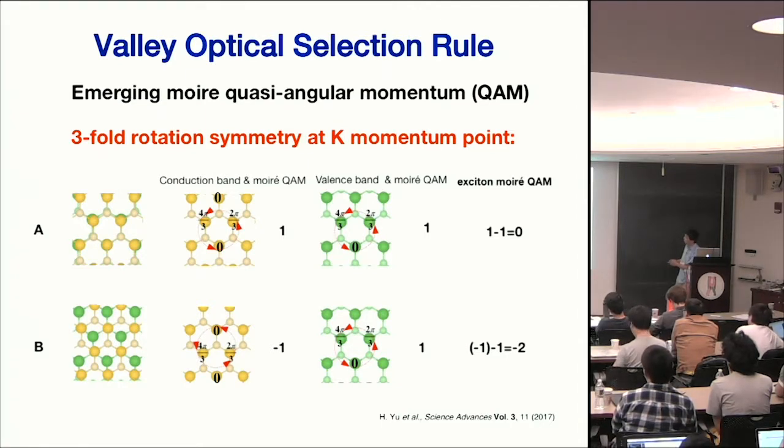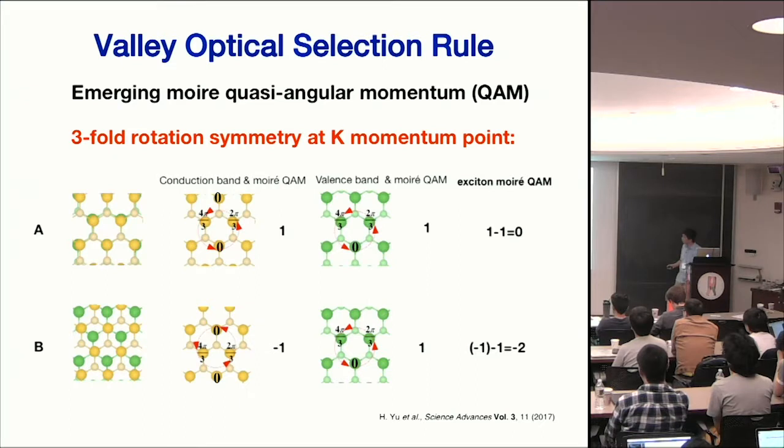So basically, you have an effective quasi-angular momentum of 1. And if you look at the bottom layer, the lattice is aligned in the same way, so it also has an angular momentum winding of 1. And the difference between electron and hole will be 0. So the excitons will not experience a net quasi-angular momentum from the Moire superlattice.